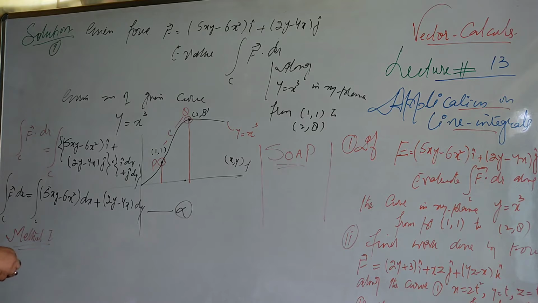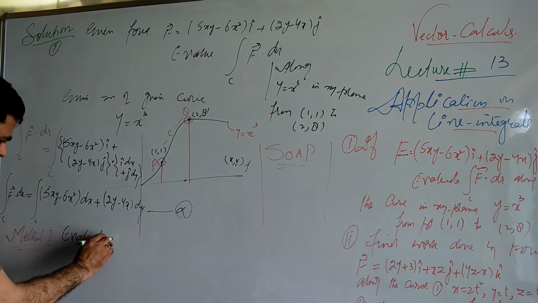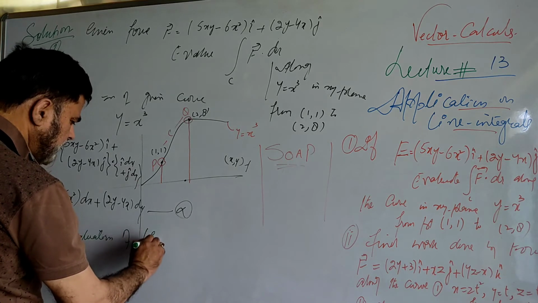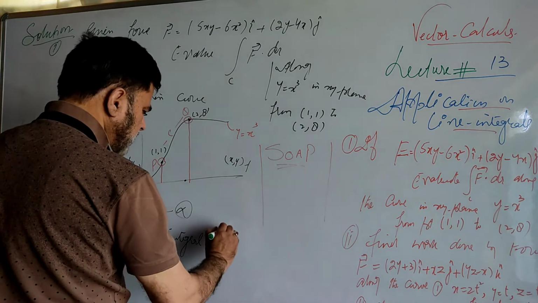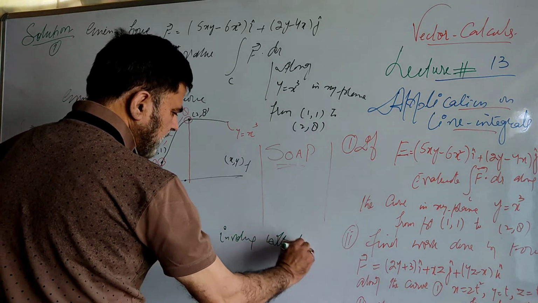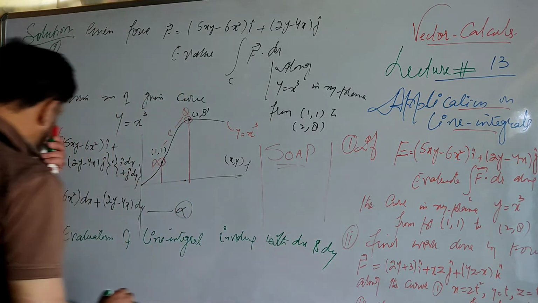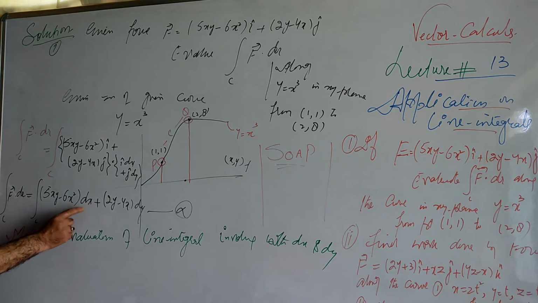This is the evaluation of the line integral involving both dx and dy. When I have to involve only dx, I have to replace y by its value in terms of x.